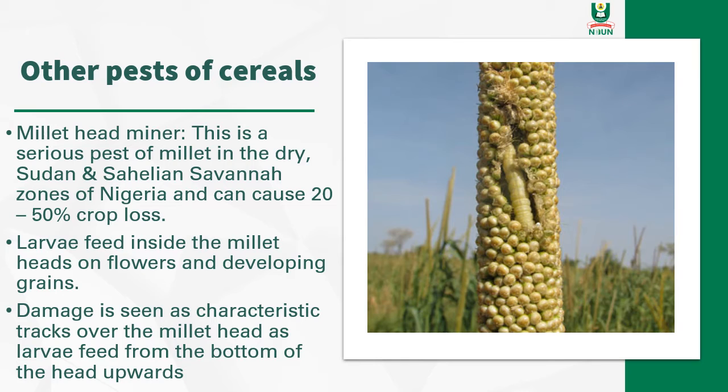And damage is usually seen as characteristic tracks over the millet head. You can see, like in the picture here, as the larvae feed from the bottom to the top of this millet plant.